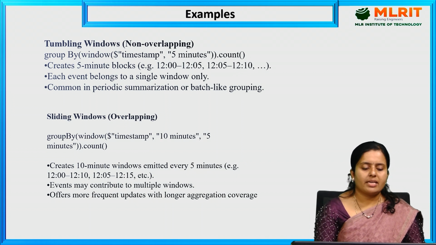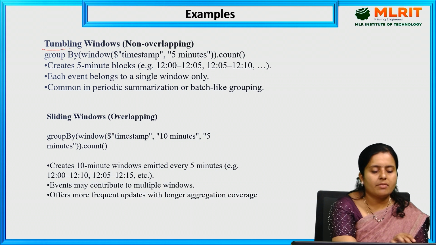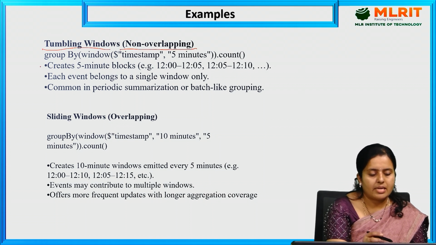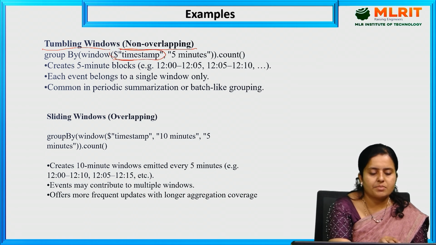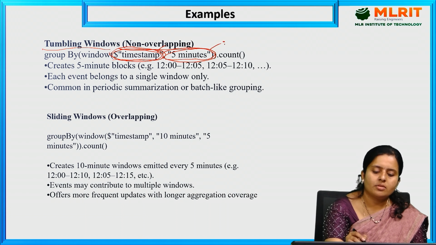Now let's see an example with respect to timestamp and minutes. Here tumbling windows are non-overlapping. As we can observe in the syntax, the first factor is the timestamp of any device, and for every 5 minutes the window has to move, which is the window duration.